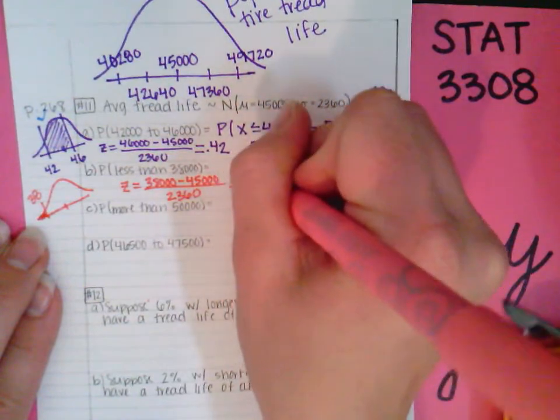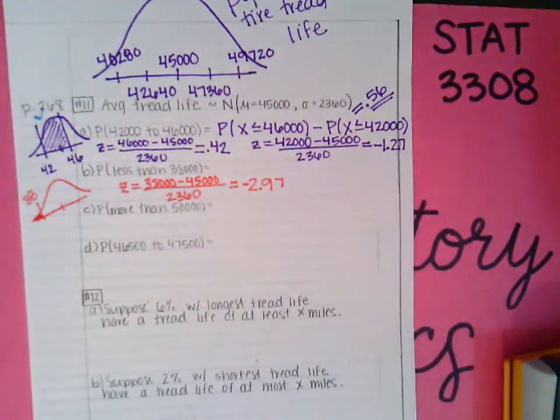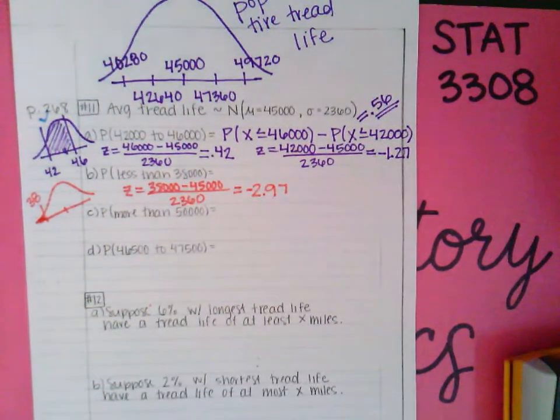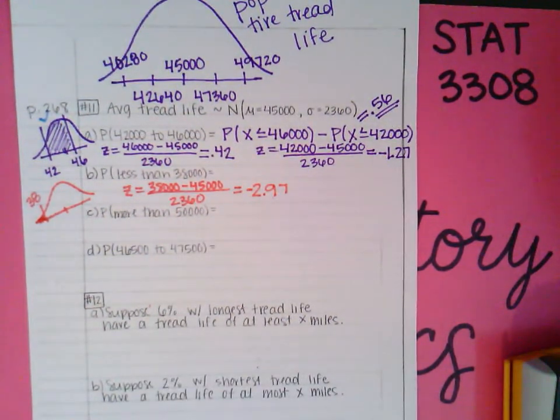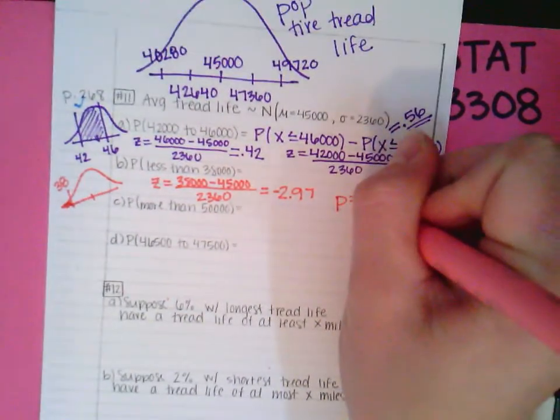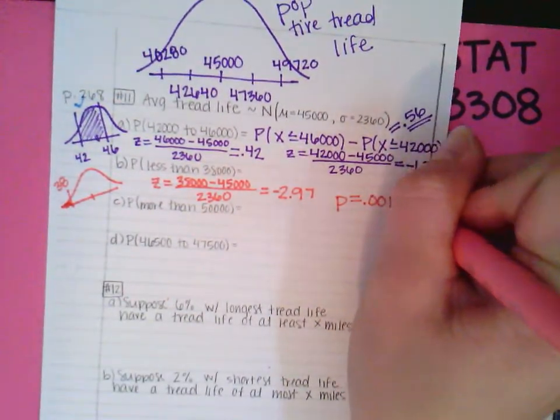Okay, so the probability that x is less than or equal to 38,000, if I look at that z-score of negative 2.97 in a chart, I go under negative 2.9, and then over to 7, you get 0.0015. So that probability here is 0.0015.